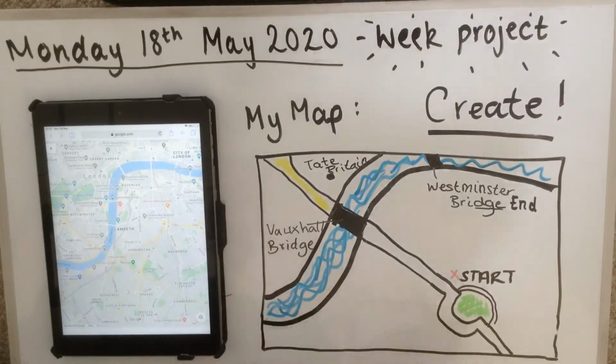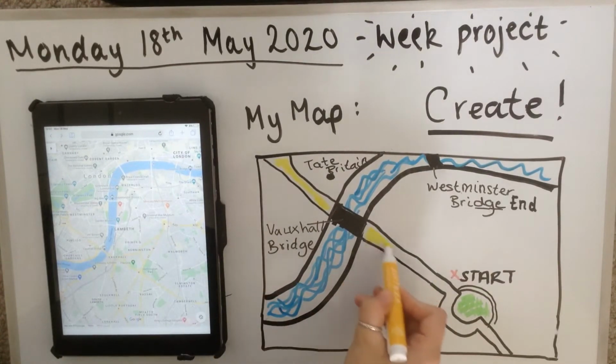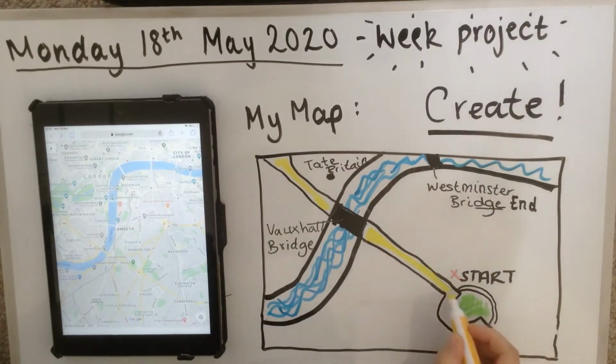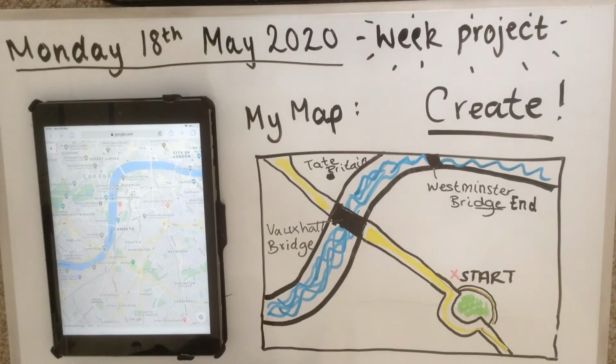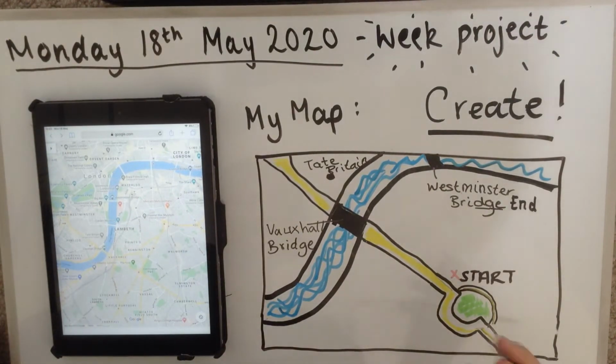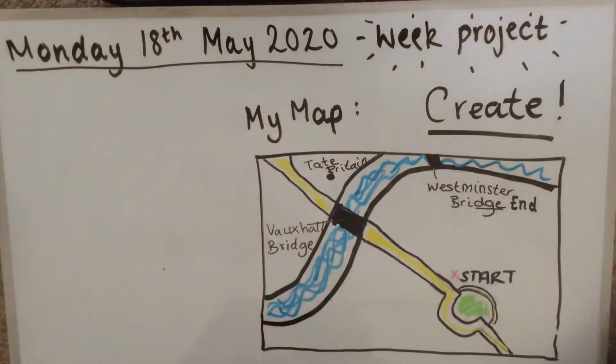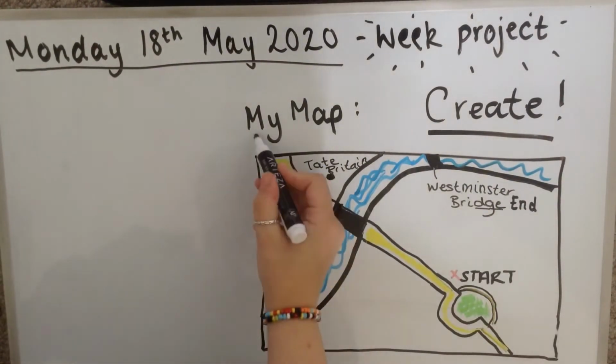My roads on here are yellow, so I'm going to keep that the same. There we go. And I'm going to keep it like that for now. So this would be my map.